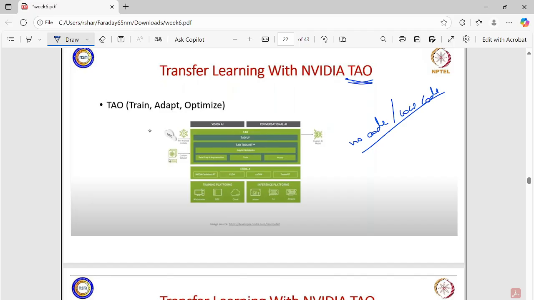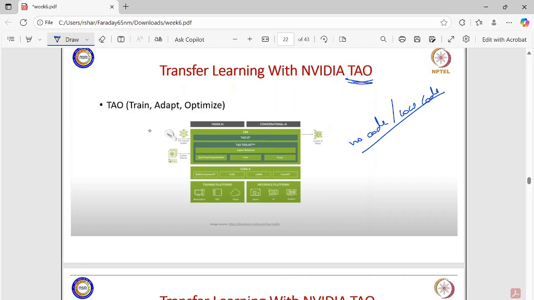It is a low-code AI toolkit designed to simplify and accelerate deep learning model development, especially for the NVIDIA GPU platform. It's ideal for transfer learning and fine-tuning pre-trained models on a custom dataset. So why do we want to use the TAO toolkit for transfer learning?